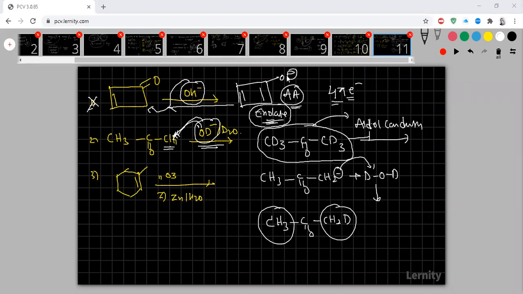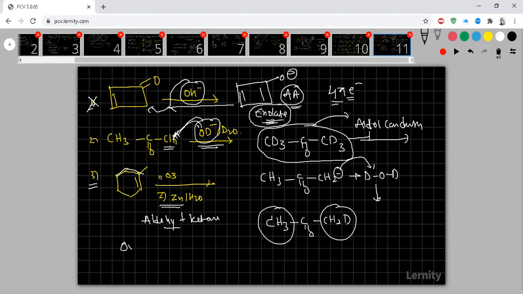Okay. Next, come to this one, ozonolysis. As you know, the simple technique in ozonolysis, this is reductive ozonolysis. That means in reductive ozonolysis, we will get aldehydes plus ketones.